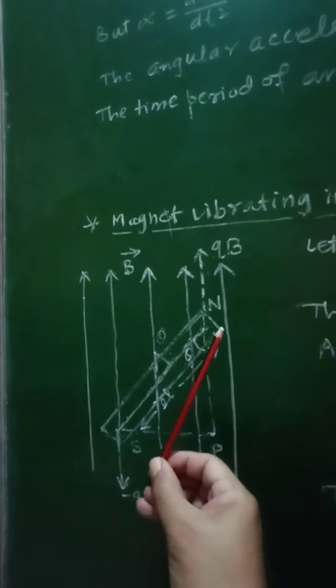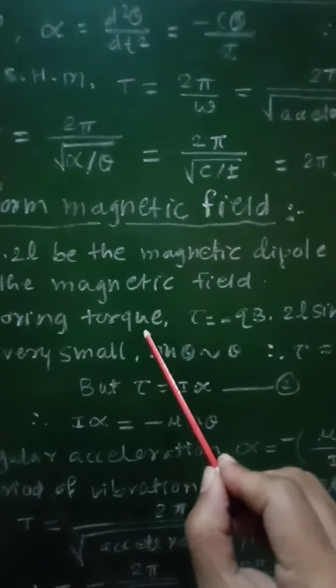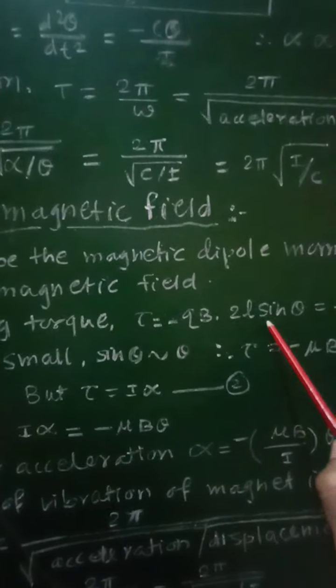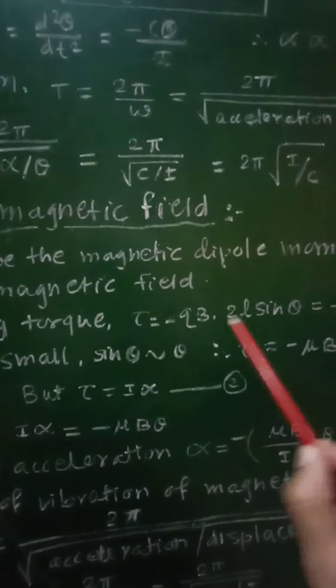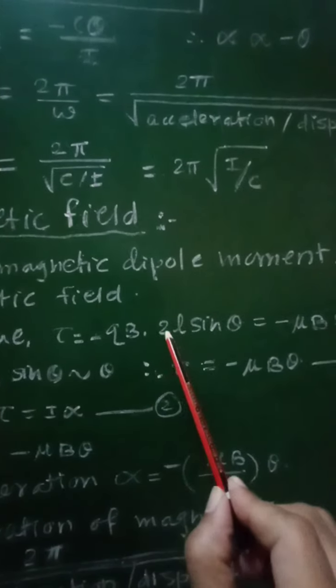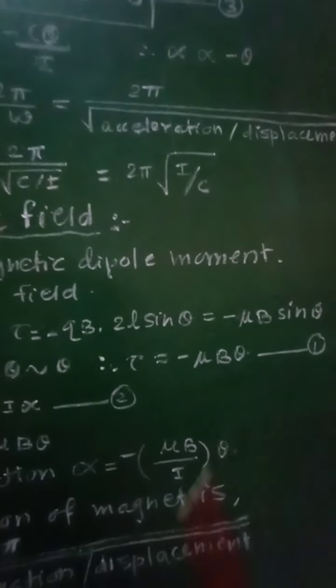Now that restoring torque will be given as torque equal to force into perpendicular distance between the two forces. So force is QB and the perpendicular distance between them is SP, that is equal to 2L sin theta, and therefore torque equals minus QB 2L sin theta, that is equal to minus mu B sin theta, because Q into 2L is nothing but mu.